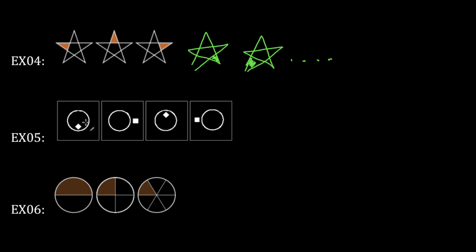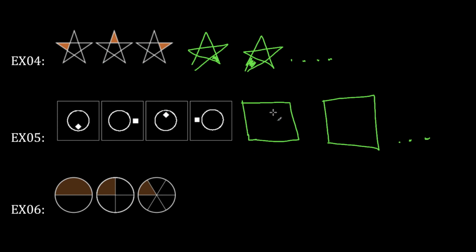So now we have these boxes with circles and the square. So I'm going to create a box and another box. We know it's going to continue, and we know that there's going to be a circle. First thing we notice is that this box is on the inside and then on the outside of the circle. Inside of the circle, outside of the circle, inside of the circle. So I'm going to write myself a note.